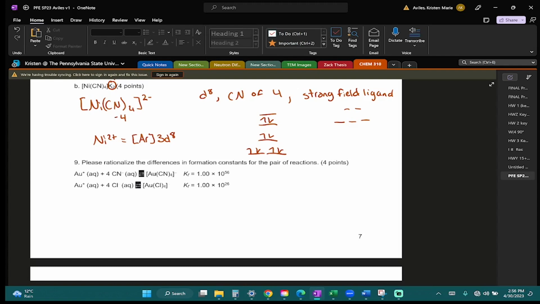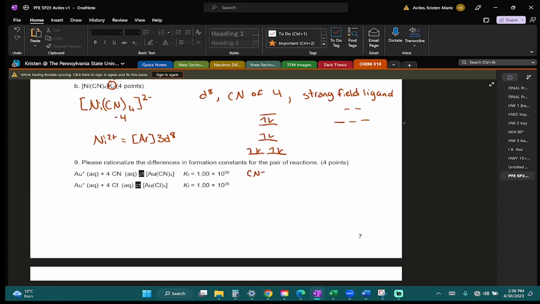And negatively charged carbons are usually softer. But anyways, cyanide is a soft base. What about chlorine? Chlorine is also a soft base. It's not as soft as cyanide, but it is a soft base. These are both soft bases, and gold is also a soft base, but cyanide is softer than chlorine is.